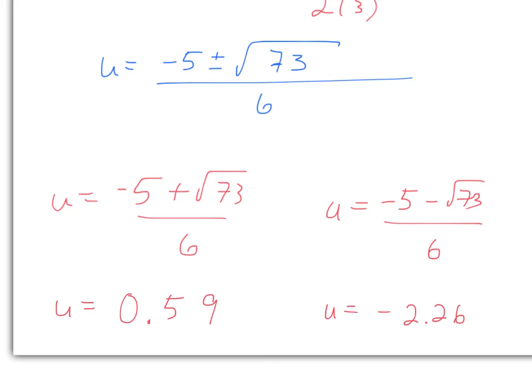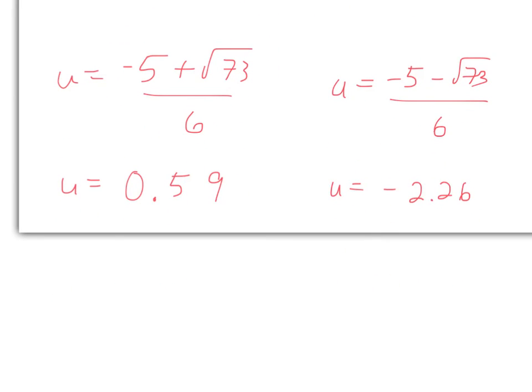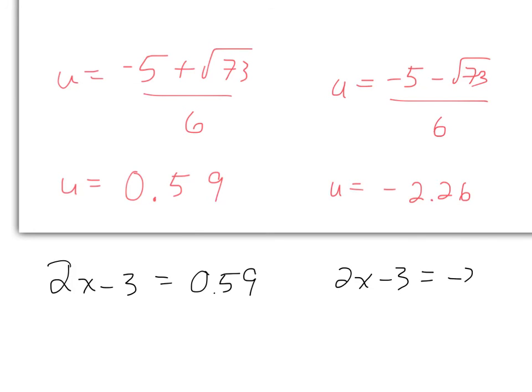Now, that's what u equals, but we have to remember we're not solving for u, we're solving for the unknown variable, which was x, and u was represented by 2x minus 3. So let's finish this problem off. Put 2x minus 3 here, and 2x minus 3 over here, and then solve both of these for x.